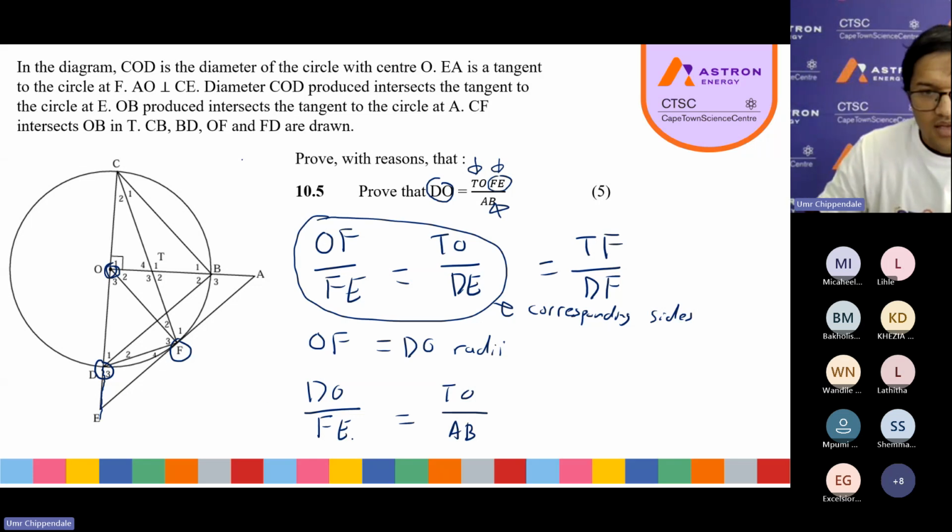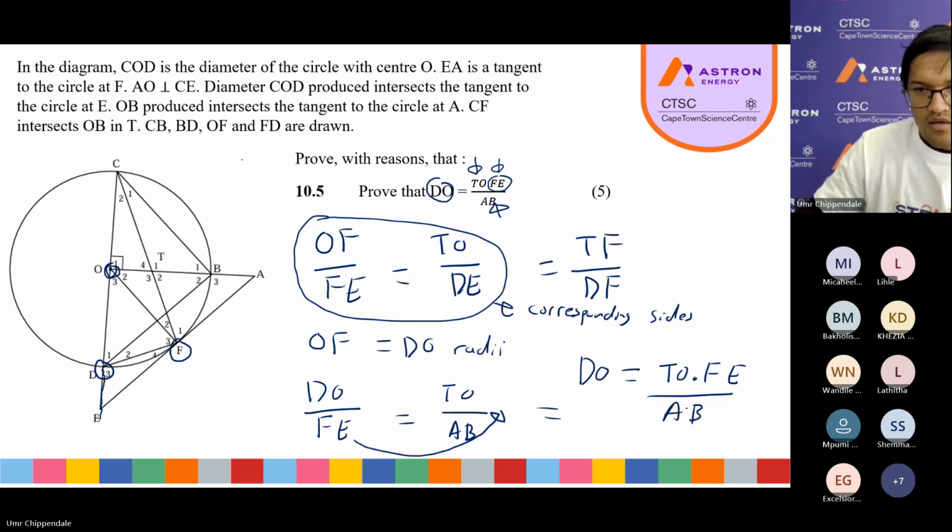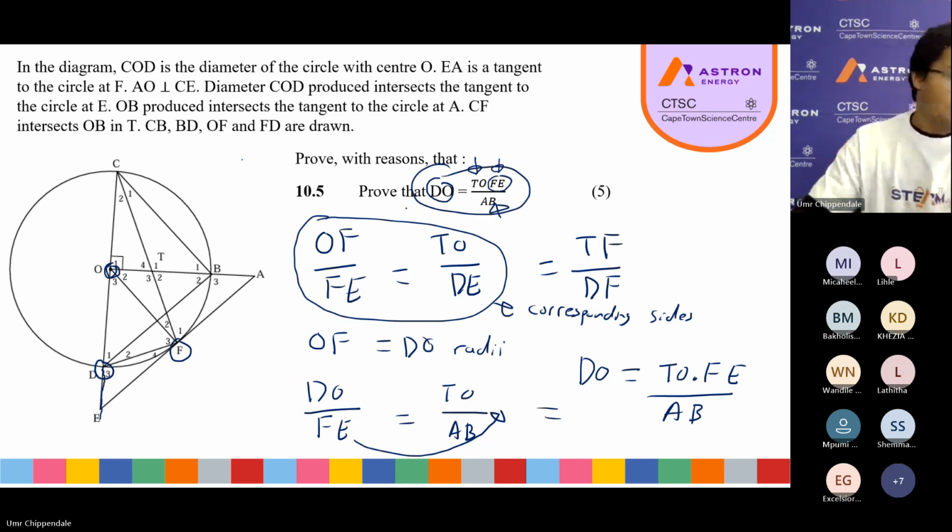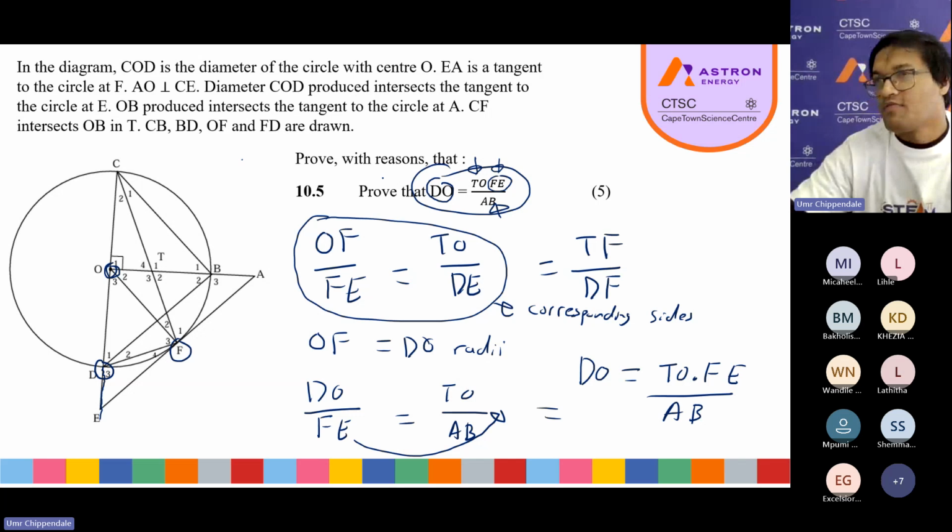So you're going to take your FE, and because you're dividing on the side, you're going to multiply it by the other side. So this now becomes DO is equal to your TO times FE, all over AB. And then that's where you get this one from. Okay, and that was worth 5 marks.